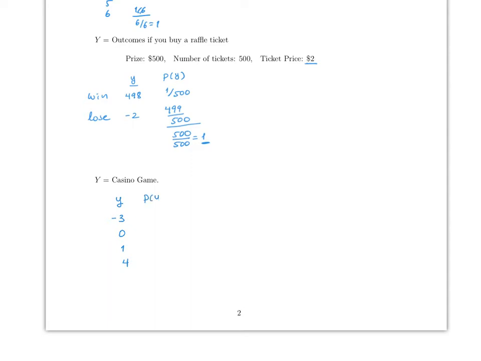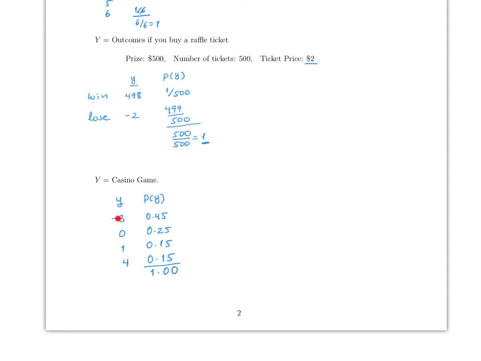And let's say the probability that you lose $3 is 45%, that you break even is 25%, that you win $1 is 15%, and then you win $4 is 15%. Again, notice that the whole thing equals 1.